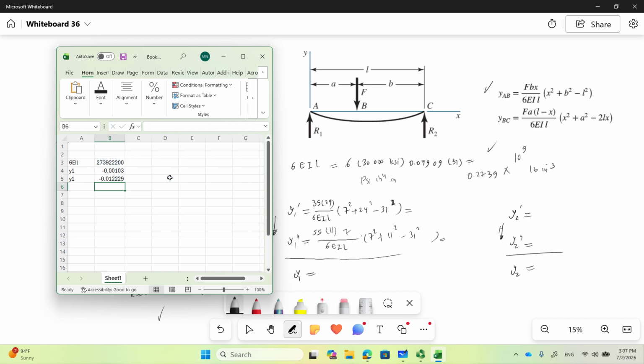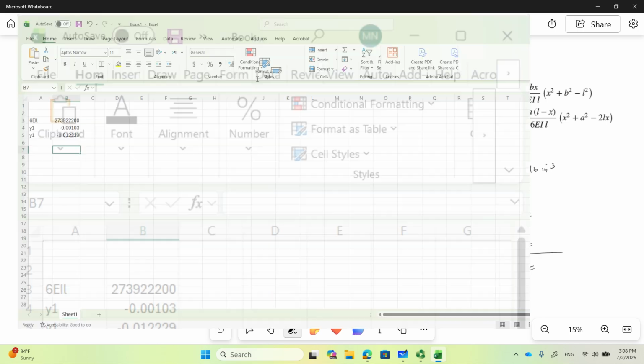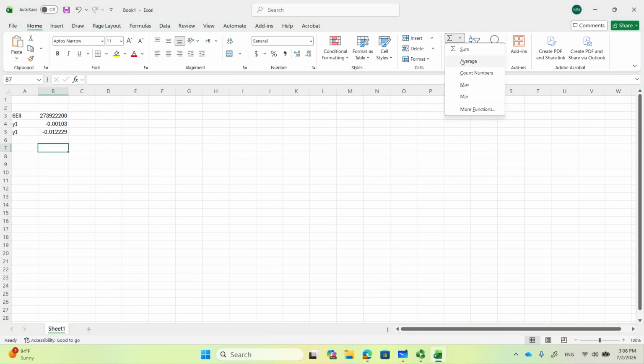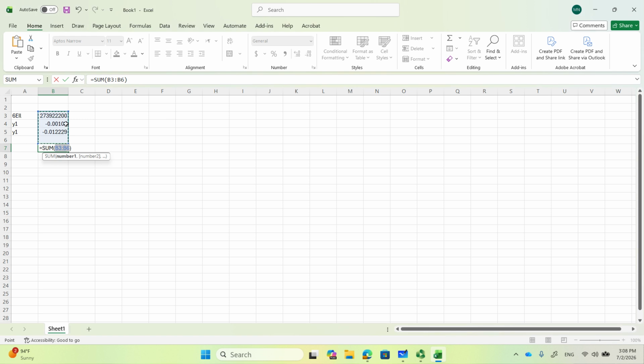Alright, this is what I got: 55, 11, 7 divided by this, and 7 squared, 11 squared minus 31 squared. And then y1 is adding those two guys up. So, adding these guys.